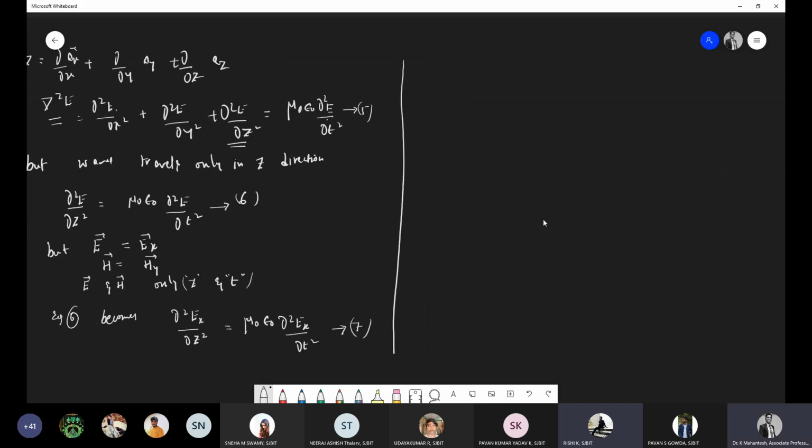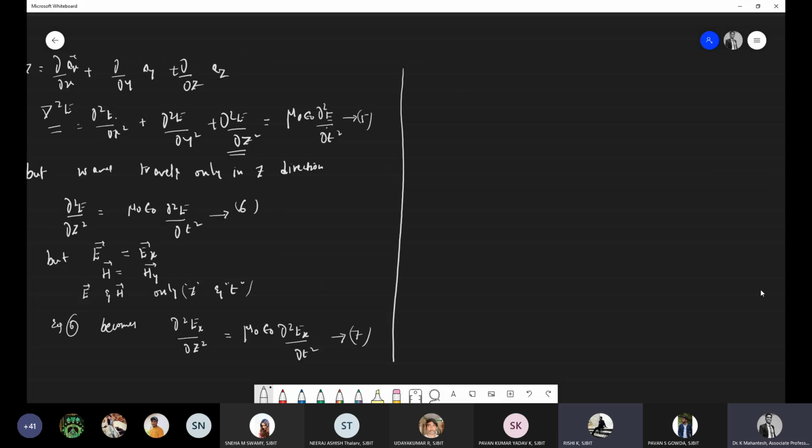So now, what is Ex? Ex is a function of Z and T. So let Ex be the value varying exponentially or sinusoidally.